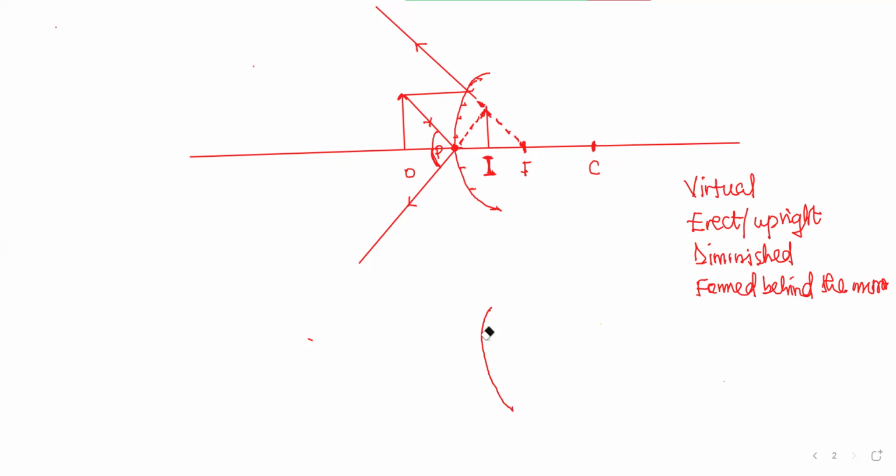So I'm going to also take the objects far. Here, the object is close to the mirror. I'm going to take it a bit far and still use a ray diagram too.